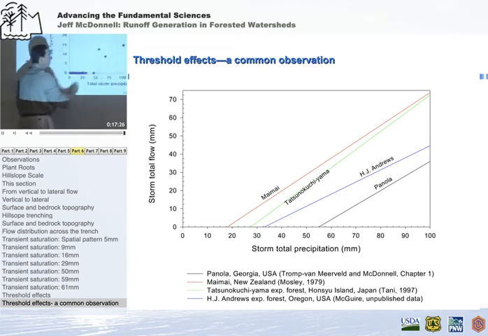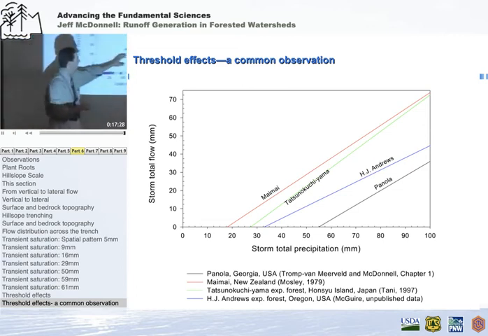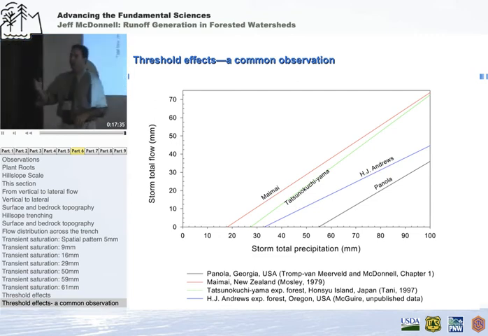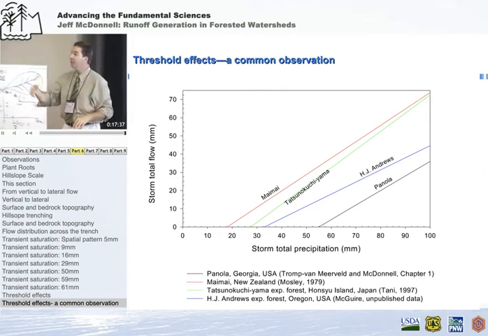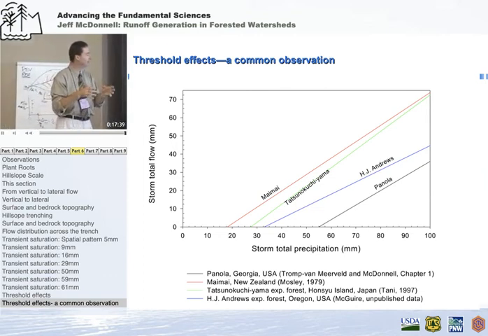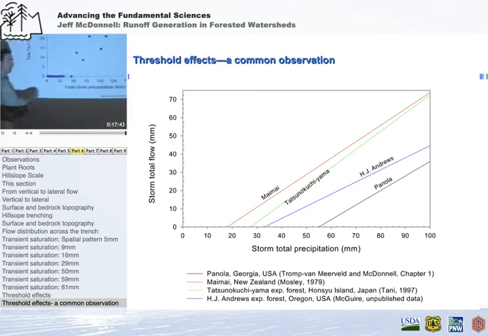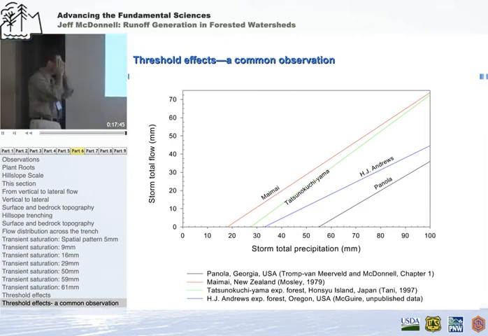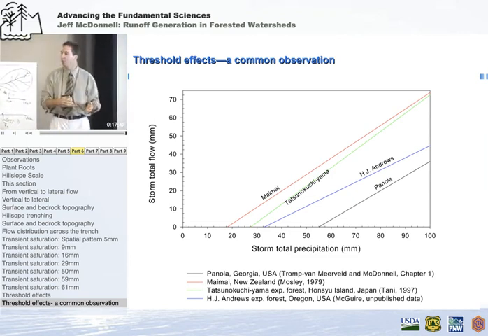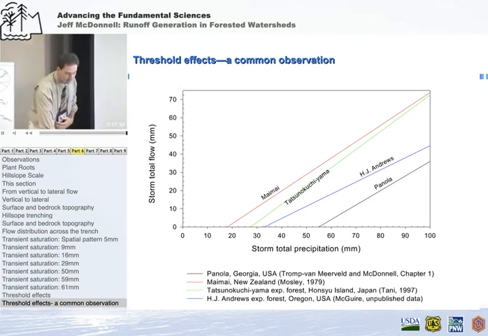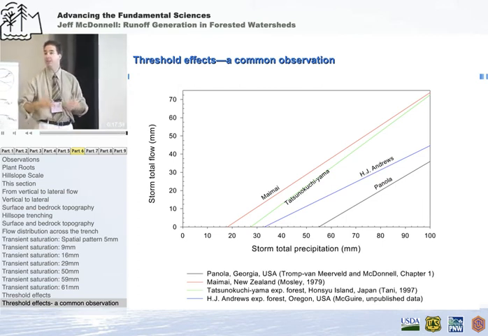In fact, I had 2 PhD students and 2 or 3 postdocs publish a lot of their papers on this kind of behavior. And we had about a 2-year hiatus where we continued collecting data, but we didn't do any intensive field experiments. And that's when this threshold appeared to us, and we thought, oh God, we really didn't understand this hill slope, and it's got us thinking about the thresholds and nonlinearities that exist elsewhere. And this is something that's really tough with the meager data that generally exists.